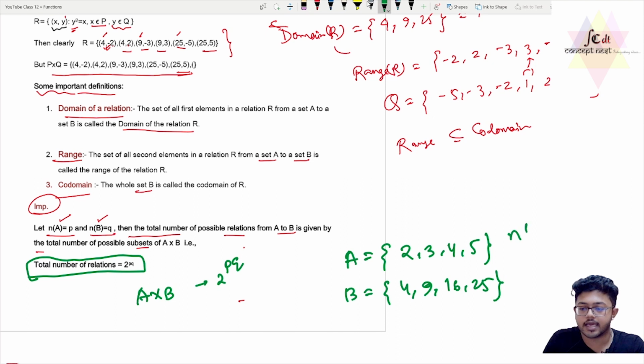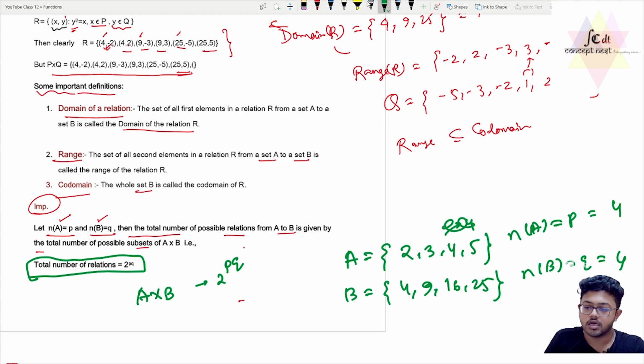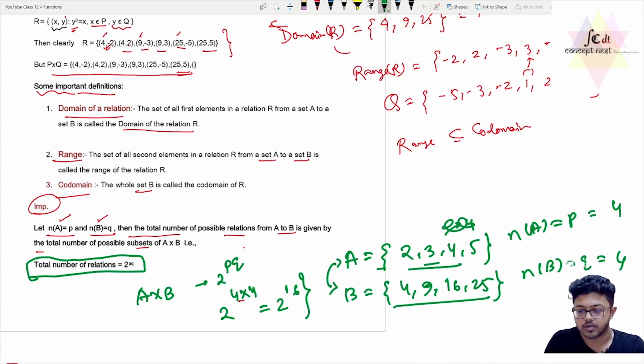So N(A) is equal to P, which here is 4, right? There are 4 elements here, and also here N(B) equals Q, there are 4 elements. So there will be 2 to the power 4 times 4, equals 2 to the power 16 total relations that can be defined from set A to set B with this cardinality.